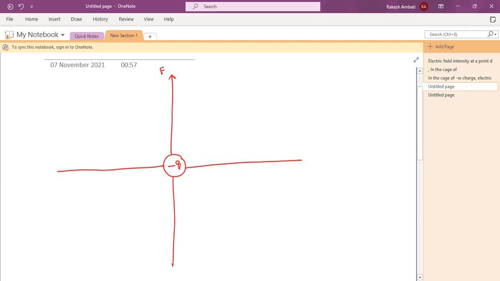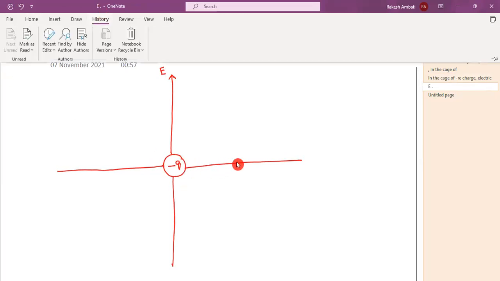In the case of negative charge, as I told you already, electric field is towards the negative charge.